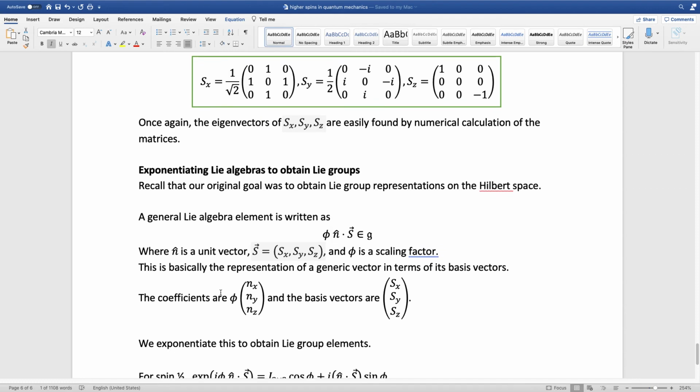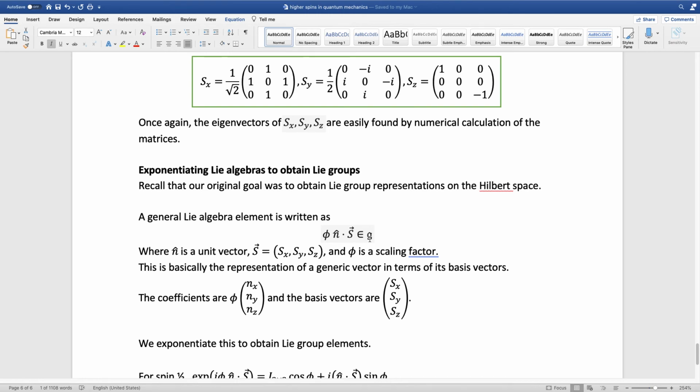Remember that the Lie algebra is a vector space, so a general vector in this Lie algebra vector space can be written in terms of its basis vectors.